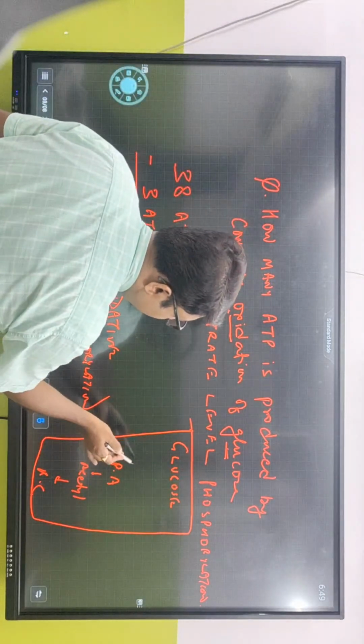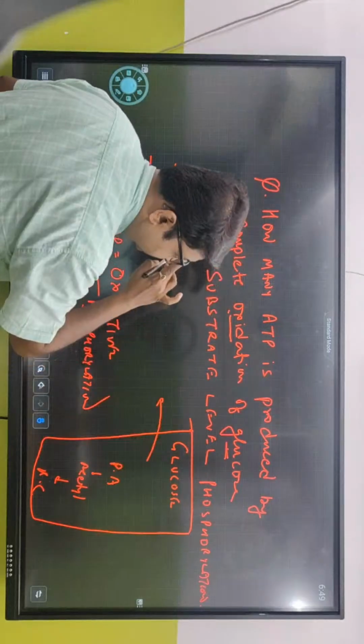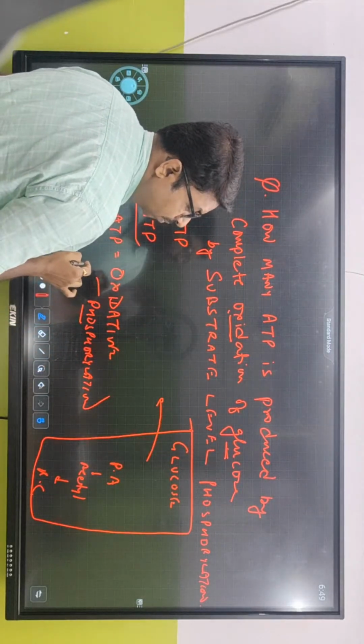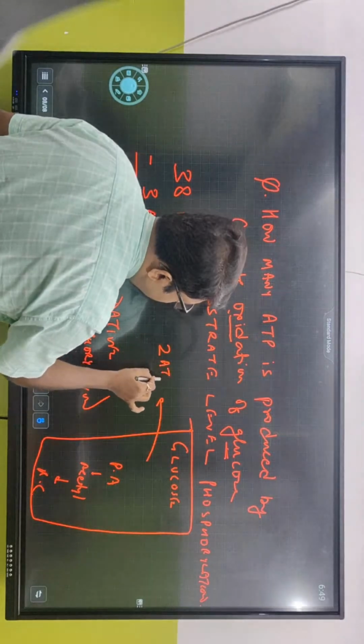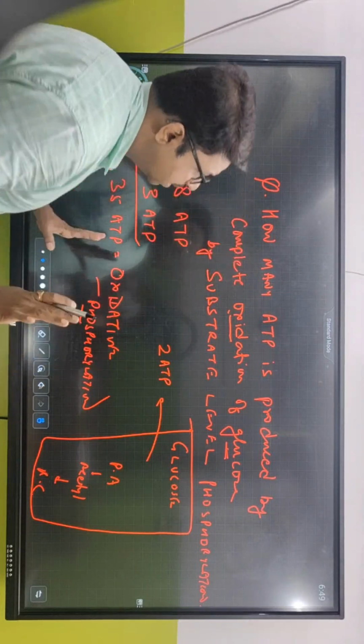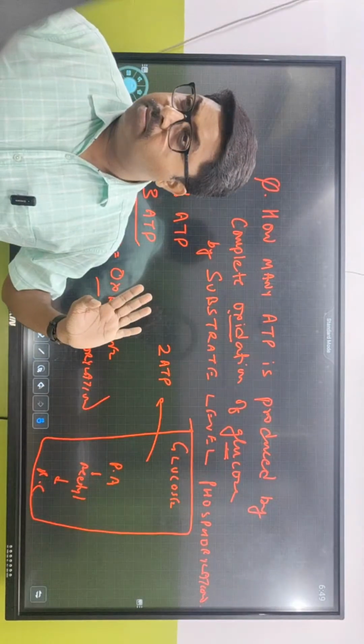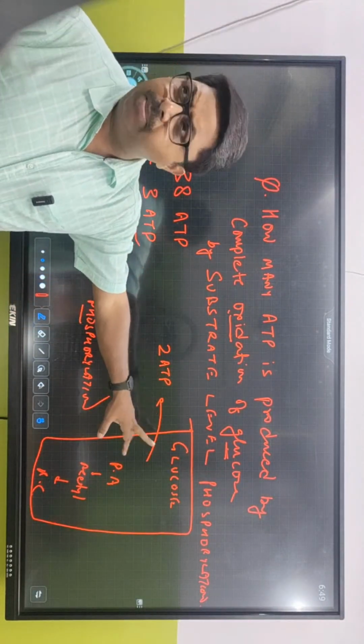How many ATP in glycolysis? 2 ATP. Glycolysis is 2 ATP.